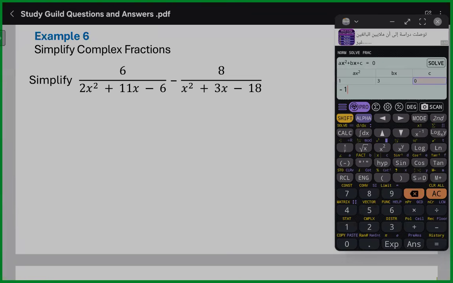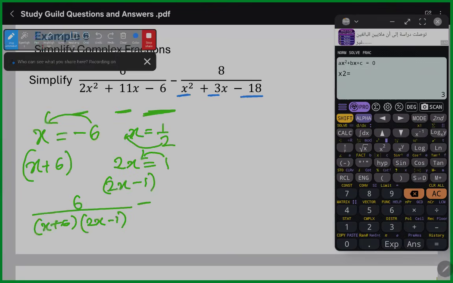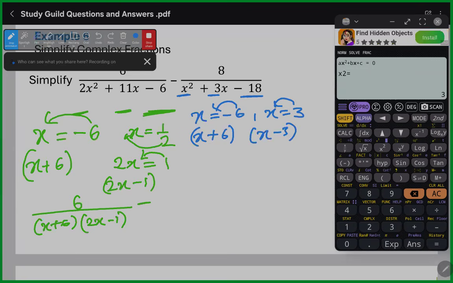So I have negative 6. x1 is negative 6. x2 is 3. So I'll bring negative 6 in. I'll have x plus 6. I'll bring 3 in. I'll have x minus 3. Okay? So I now have 8 over x plus 6, x minus 3.